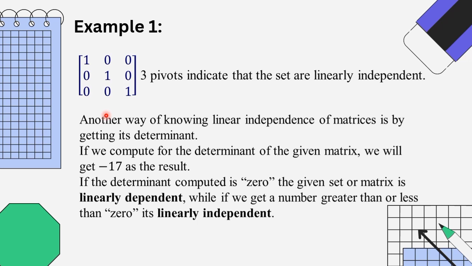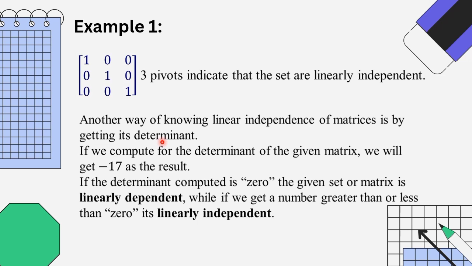Another way of knowing linear independence of matrices is by getting its determinant. So there's another way of doing this. Here, if we compute the determinant of the given matrix, we will actually get negative 17 as the result. If you want to do that, you can do it on your own.